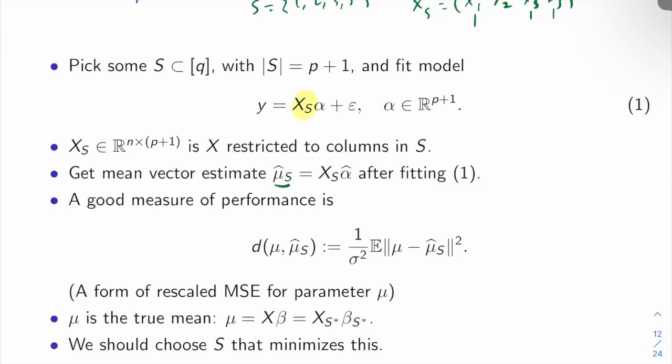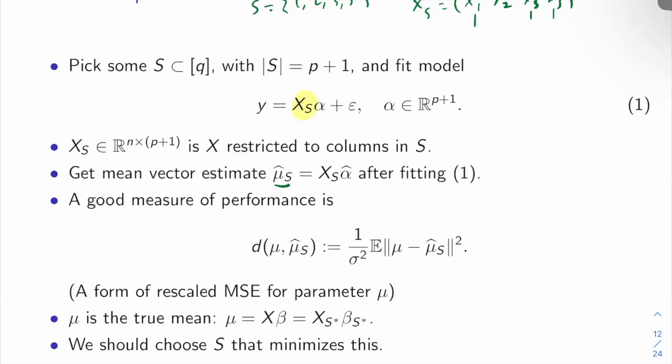So mu hat is my prediction, basically. This says on average how well I predict relative to sigma squared. So Mallows looks at this and tries to rank the models based on this distance. It's a form of rescaled MSE for the parameter mu.